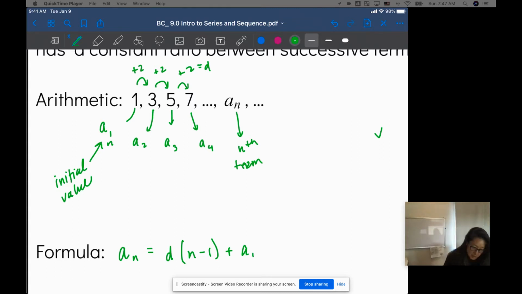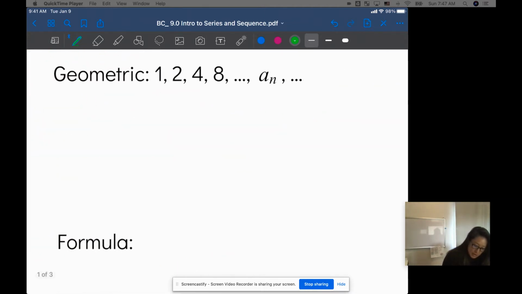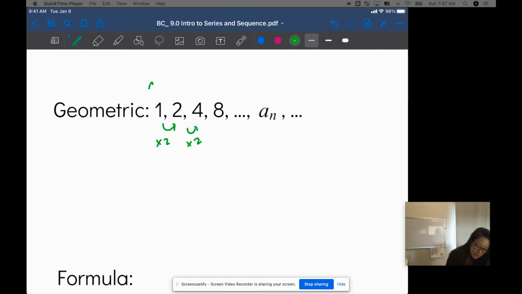Okay, so next up is a geometric sequence. I can see that I'm multiplying by 2, and I have terms a sub 1, a sub 2, a sub 3, a sub 4, and then a sub n, or the nth term.